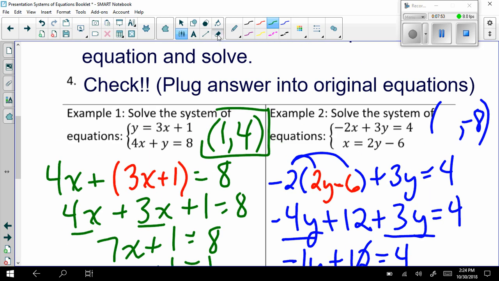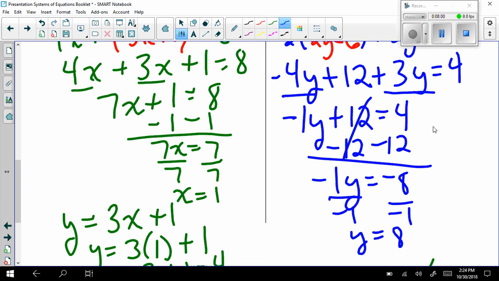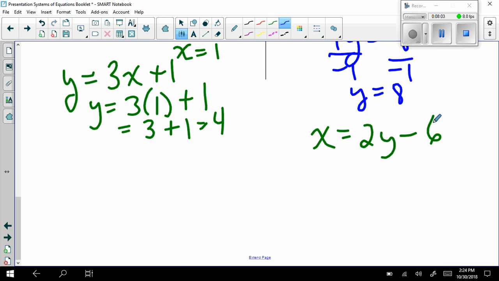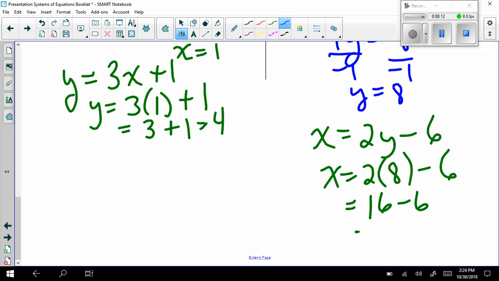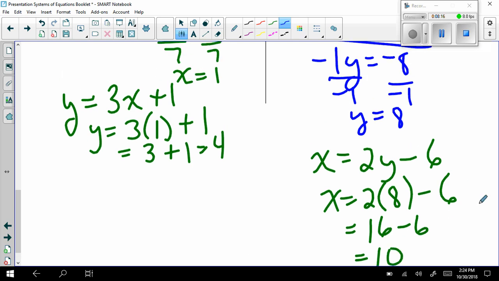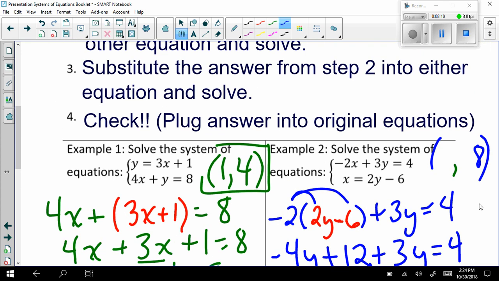It's not negative 8, it's just 8, sorry. And I'm going to plug 8 in for y. So I get 16 minus 6, which is 10. So my answer here is (10, 8), or x equals 10, y equals 8.